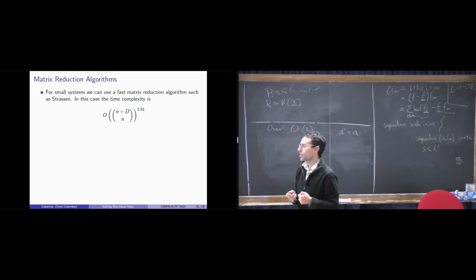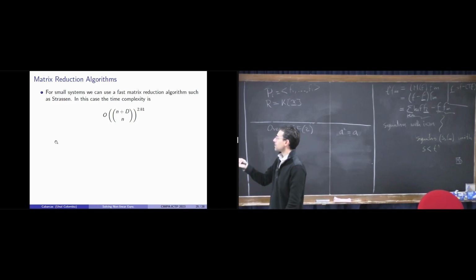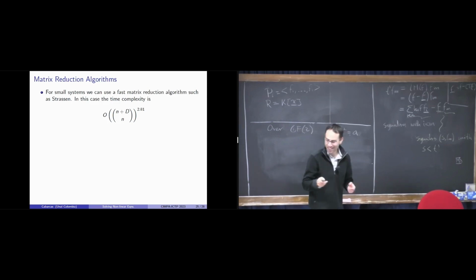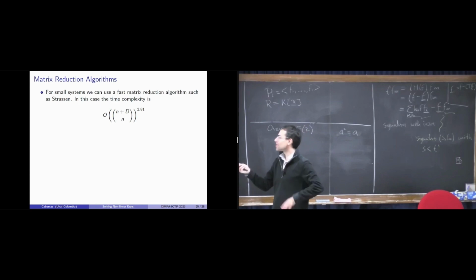The constants are small. It's a very good standard algorithm to do Gaussian elimination efficiently. And the exponent is a bit below 3. It's 2.81.